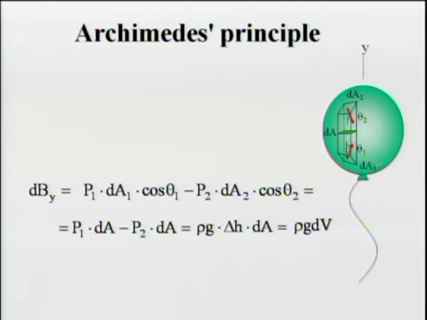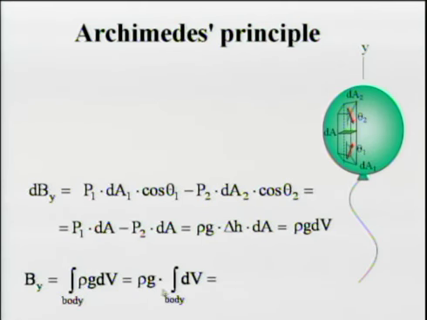Now if I take the entire object, I will have to integrate over the object. I have already made an assumption that density is uniform, and acceleration due to gravity is uniform, which is true only for small objects. So I can pull out these two quantities and integrate the volume of all pieces constituting the object, which gives me the volume of the entire object.